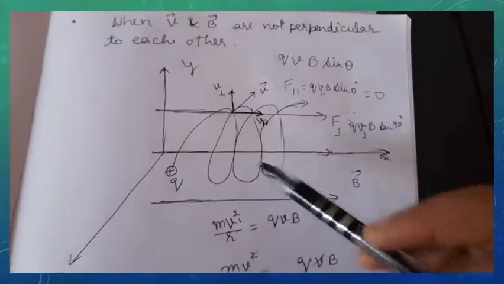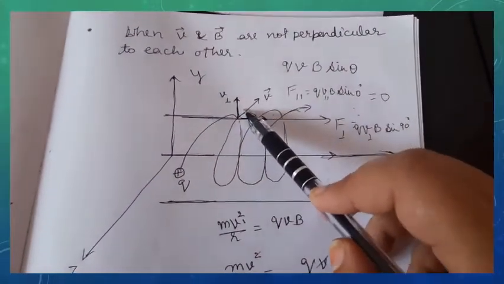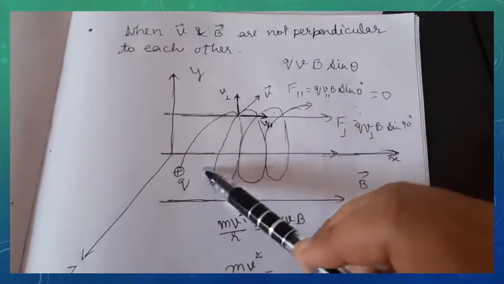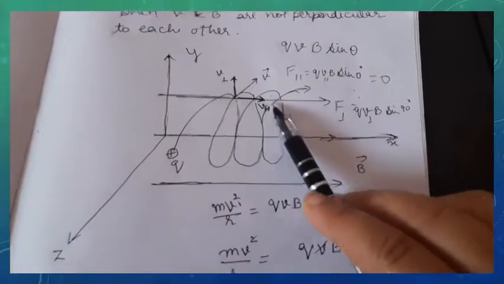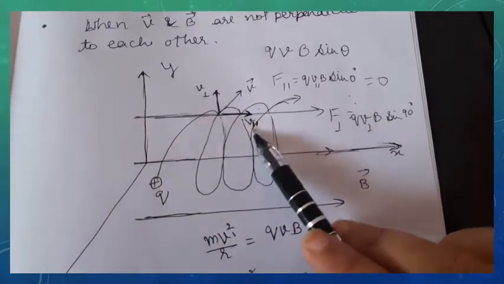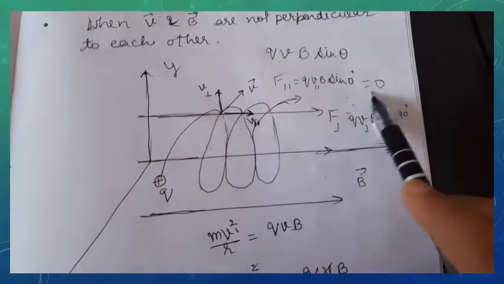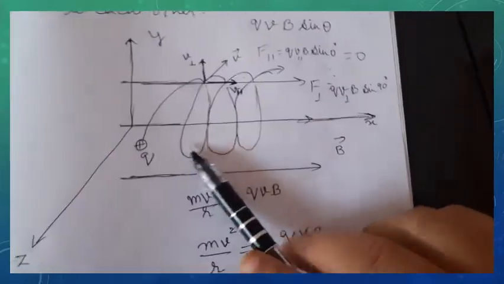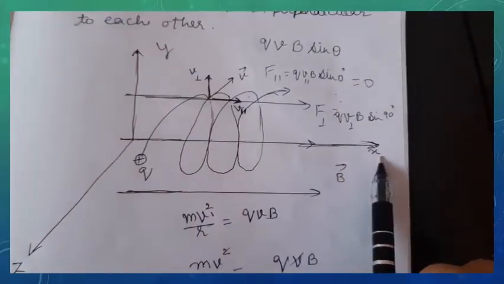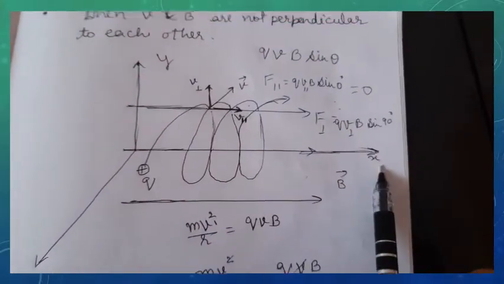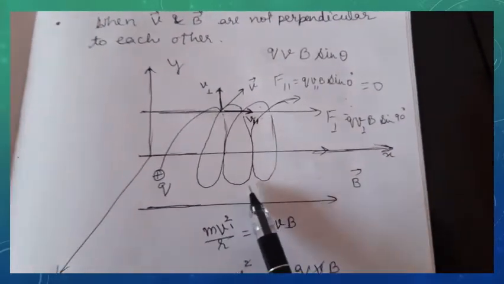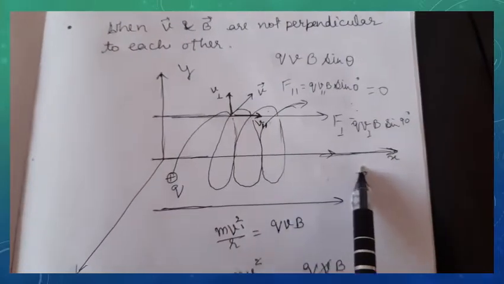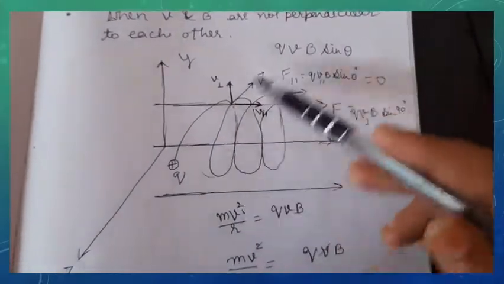So under the impact of v perpendicular, the charge will move in a circular path, while under the parallel component, when no force is acting, the charge keeps moving along a straight line along the x-axis. So there are two motions taking place simultaneously: one is straight line motion and the other is circular motion.